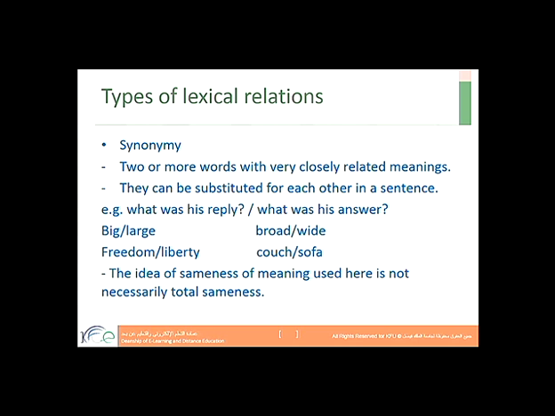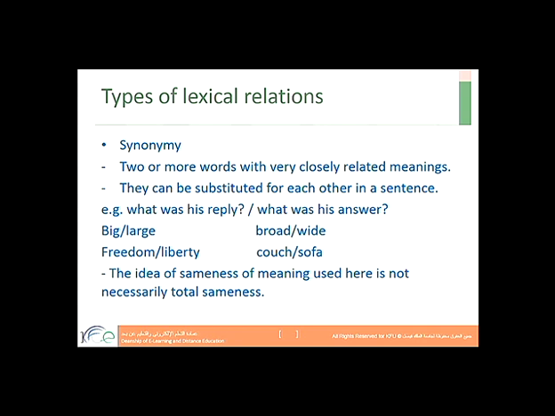I can easily replace the word reply with answer, arguing that these two words are synonyms. Same thing with big and large, freedom and liberty, broad and wide, couch and sofa. These words are closely related to each other, so we can say that they are synonyms of each other.